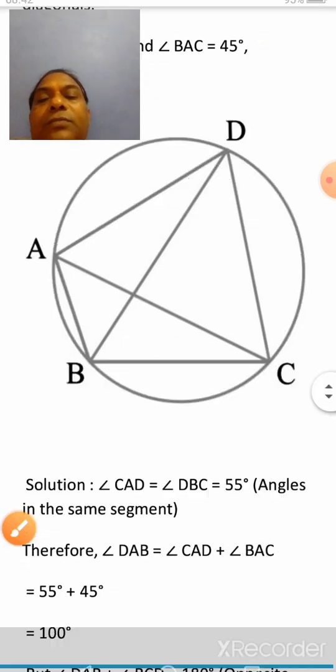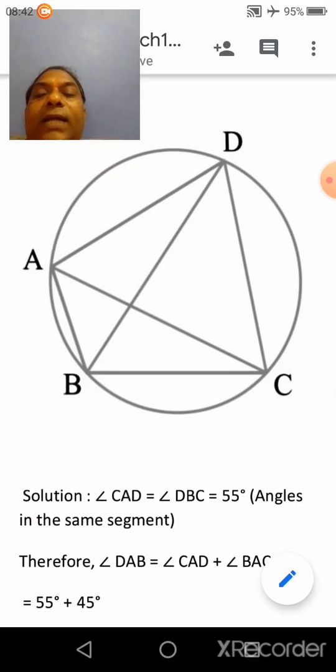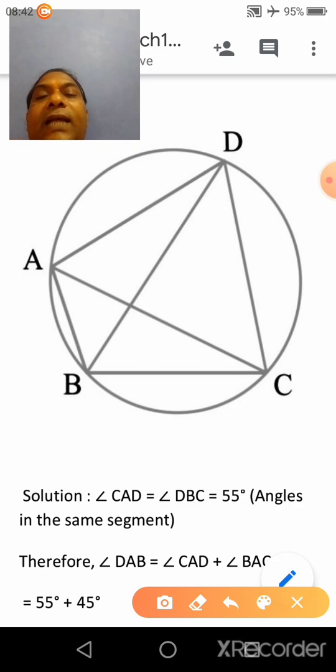So angle CAD is equal to angle DBC. Angle CAD, this angle will be equal to this one.